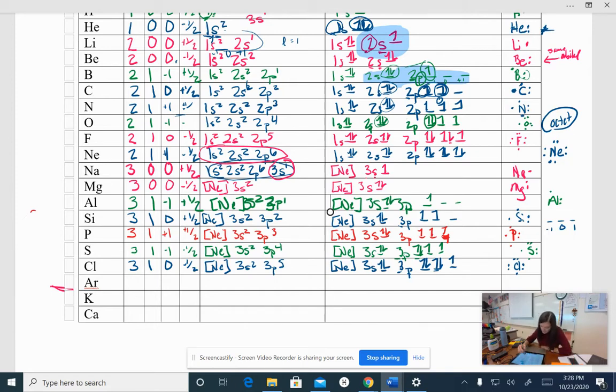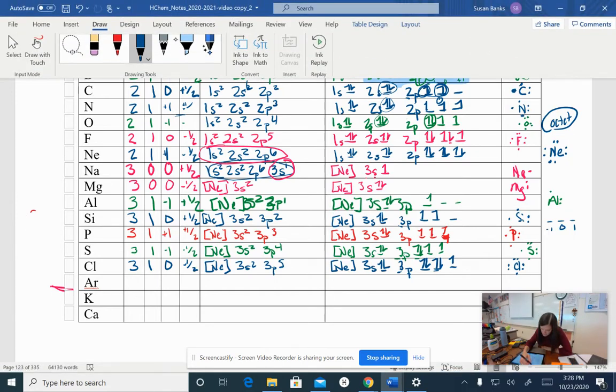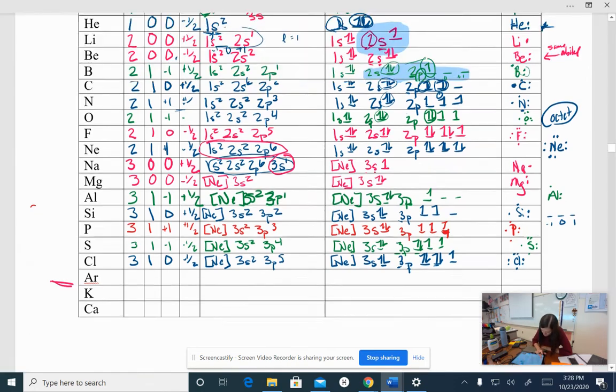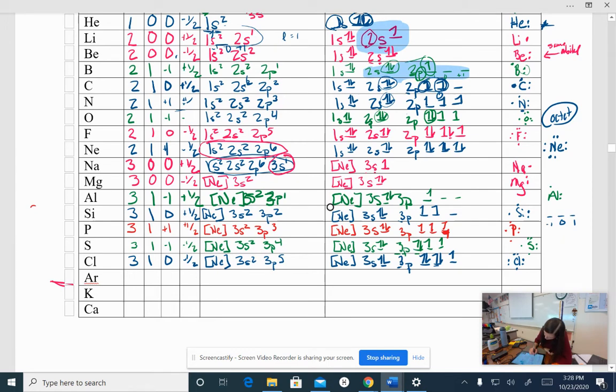Okay, and then last but not least, argon. So let's try argon. One more electron. So argon, neon plus 3s2 and 3p6.